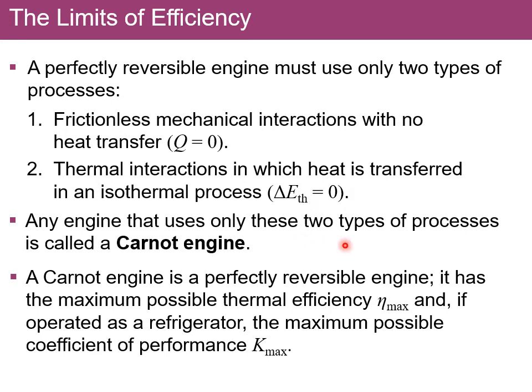Any heat engine that uses these two types of processes is called a Carnot engine. A Carnot engine is a perfectly reversible engine. It has the maximum possible thermal efficiency, eta max, and if operated as a refrigerator, the maximum possible coefficient of performance, K max.